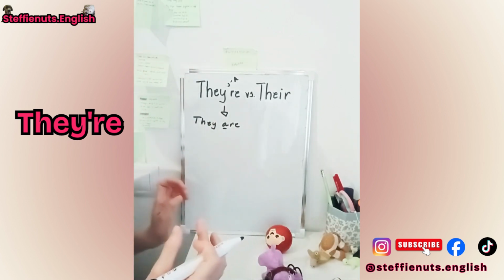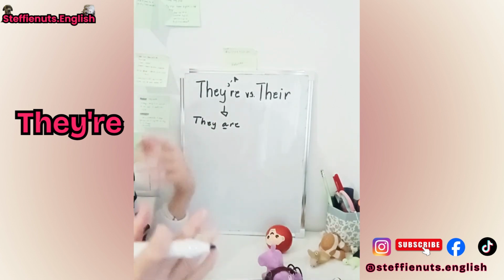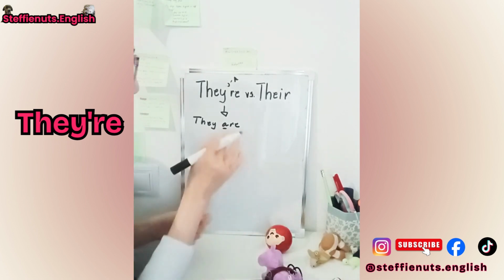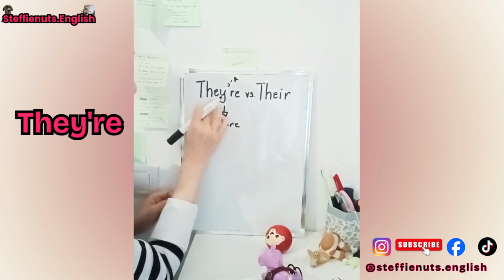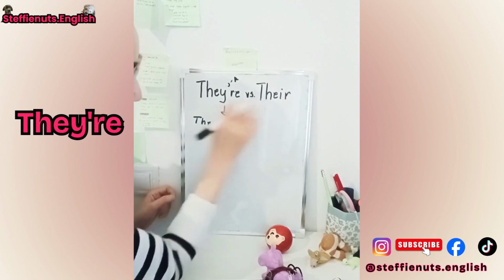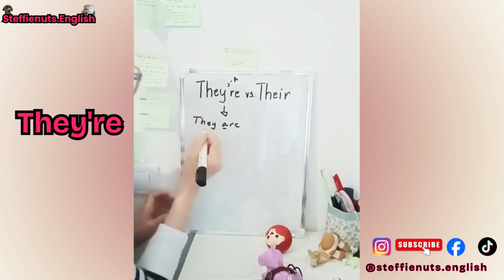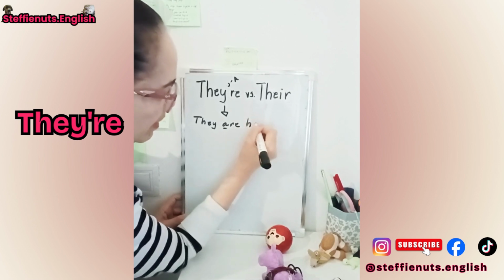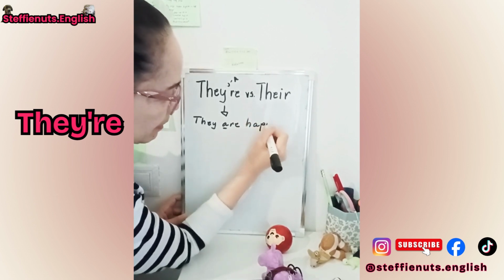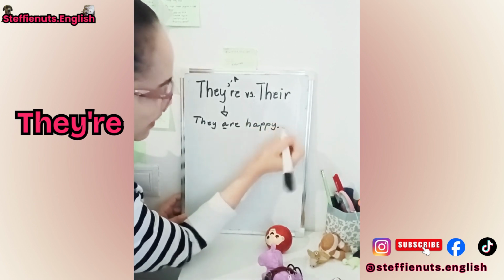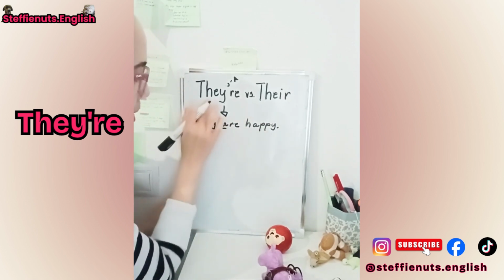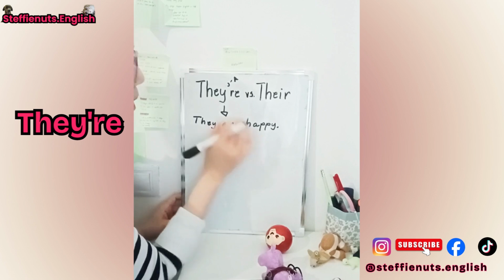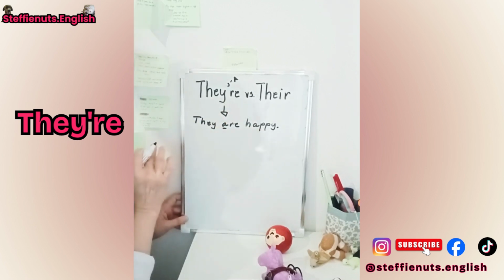So for example, if you can say they are in your sentence, you use this one, not this. Like they are happy. Okay? They are happy. They're happy. Okay? They're happy.